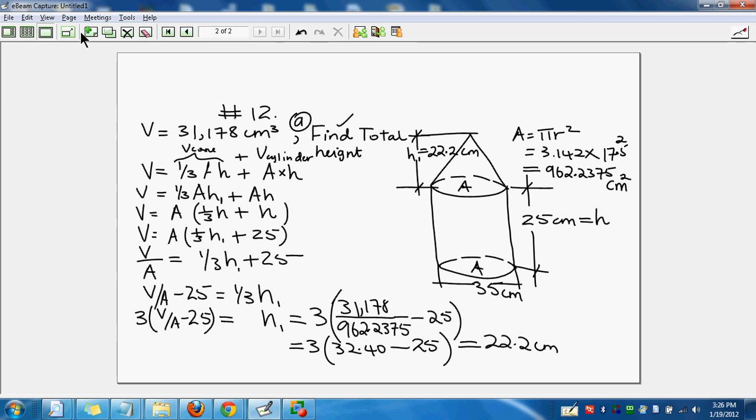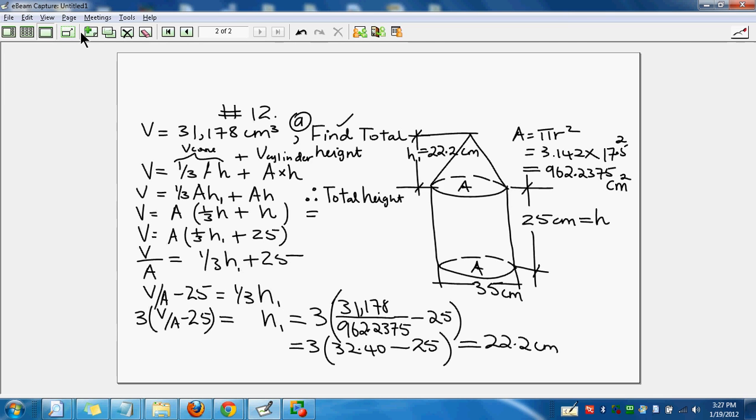Right? In order to get the total height now, we'd have to add the height of the cone to the height of the cylinder, which is 25 centimeters. So therefore, the answer in this case, to get the height of the total bird cage, which is made up of the height of the cone and the height of the cylinder, we'd have to add the two together.